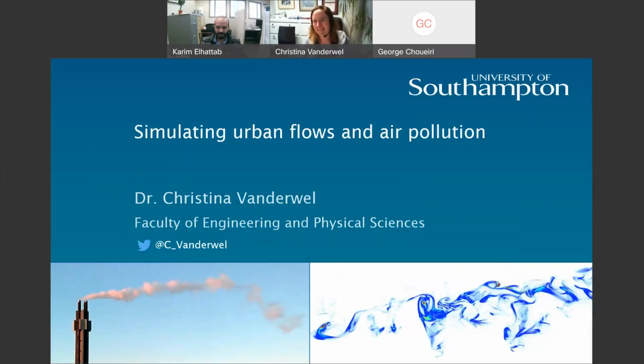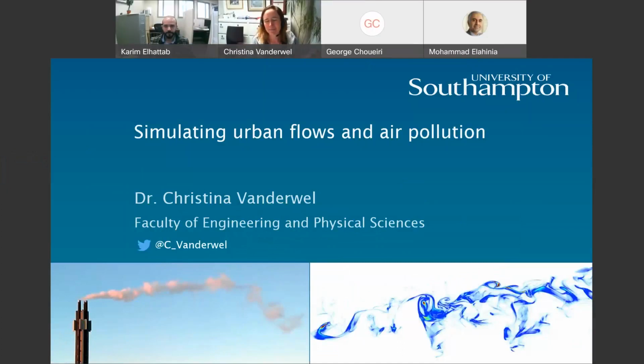Okay, well, I'll get started now then. Thank you very much for inviting me. And what I'll talk about today is all about how we simulate urban flows in wind tunnel and water tunnel experiments here at Southampton. And this is what the images on this cover slide are supposed to portray.